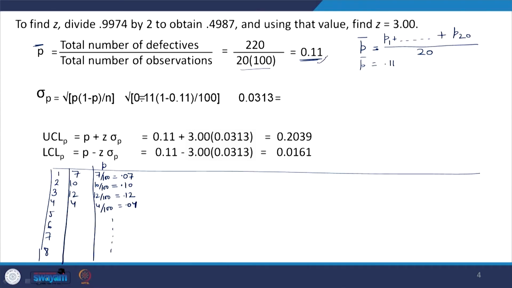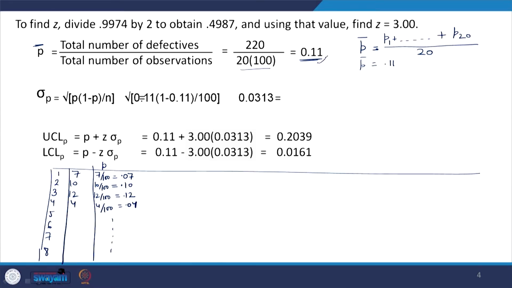For the initial development of my control limits, this calculation is okay, but the individual p values p1 to p20 are also necessary, otherwise it will not be possible to make a p chart.